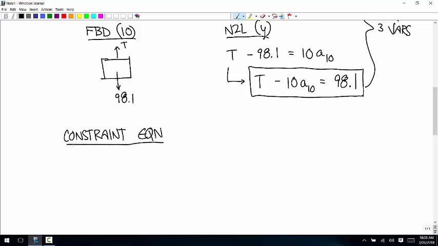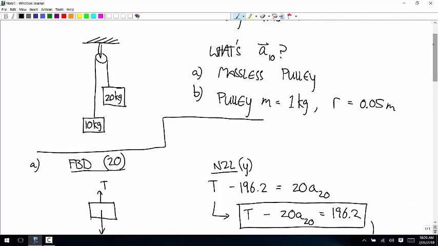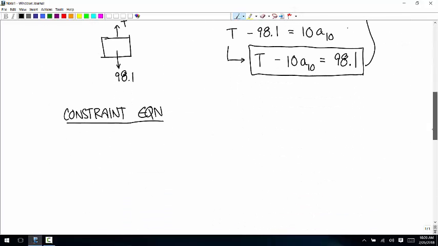If you pull this one down an inch, this one goes up an inch. So the velocity of this one is equal and opposite to the velocity of this one, and the acceleration of this is equal and opposite to the acceleration of that. So A20 is equal to negative A10.